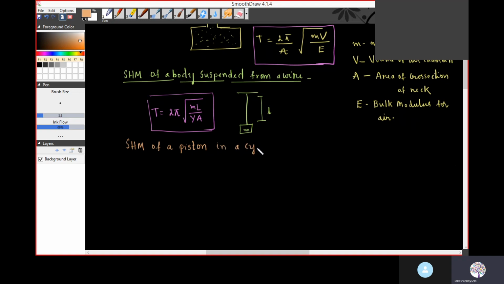You take a cylinder, and to this cylinder you put an airtight piston, and then you have gas molecules here.